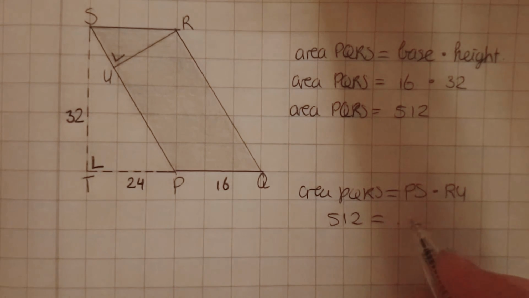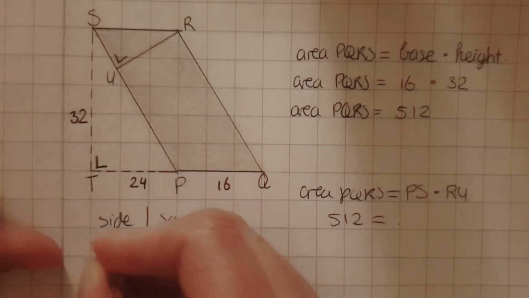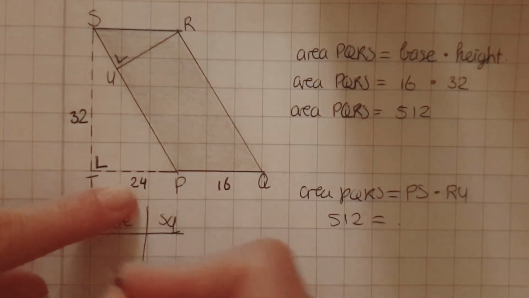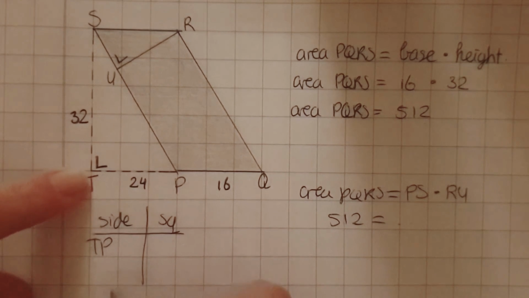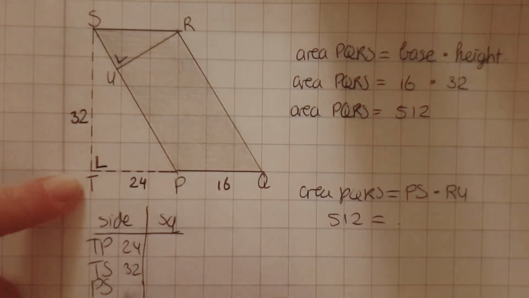So let's do Pythagoras theorem first. Side squared plus side squared equals hypotenuse squared. The two sides that are connected to the 90-degree sign are TP and TS. The hypotenuse is PS. TP is 24, TS is 32, and PS, of course, I don't know.